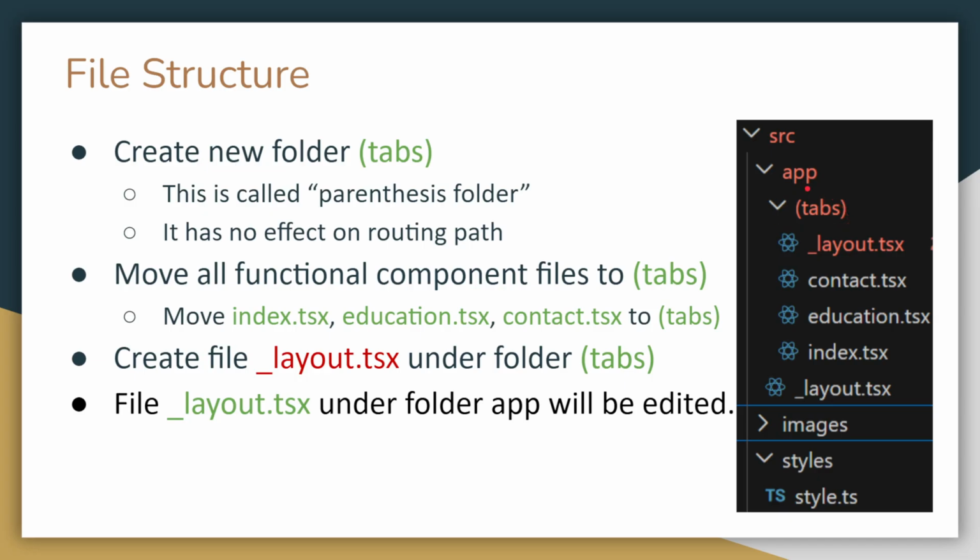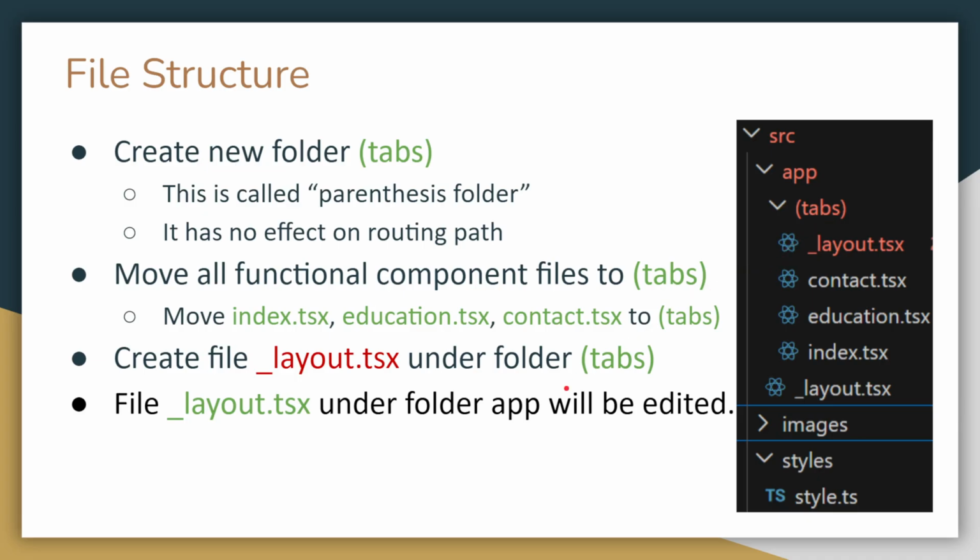This folder contains all these screens that we're going to use today. And then outside, I mean in the app, we have a file called layout. I call this the outer layout, or the layout under app. And then we have another layout.